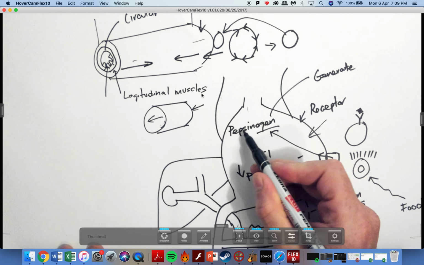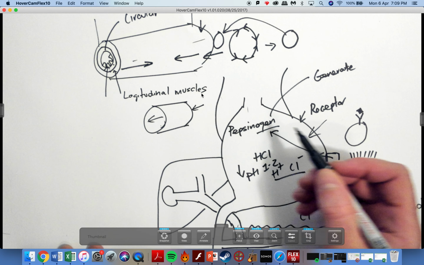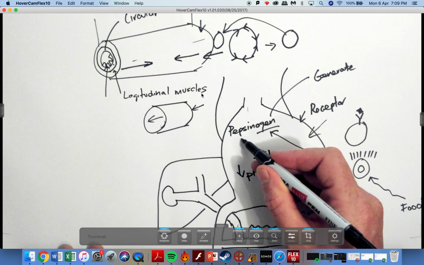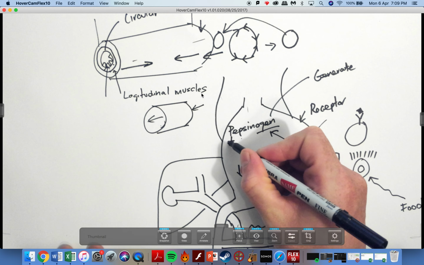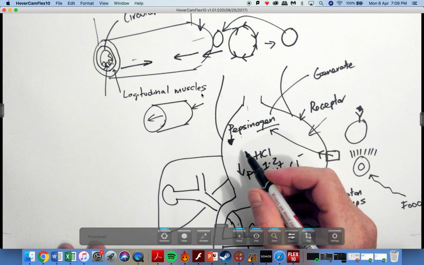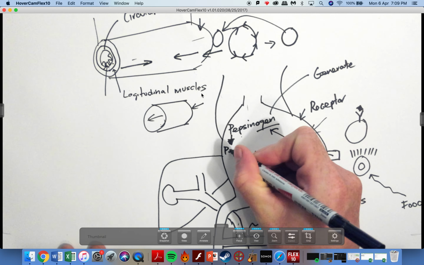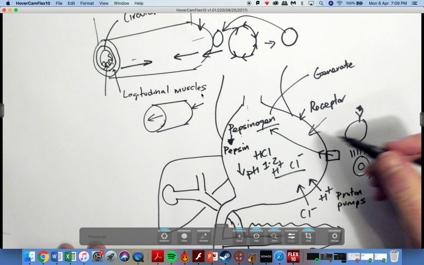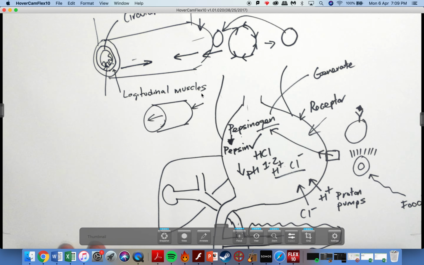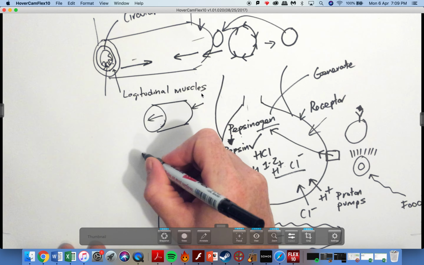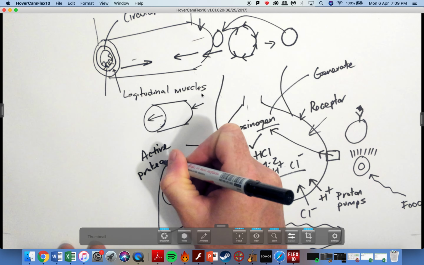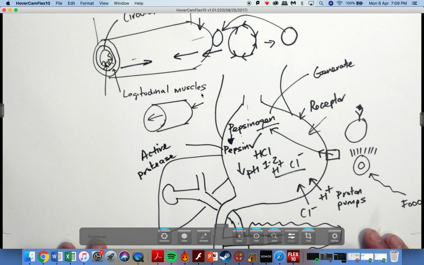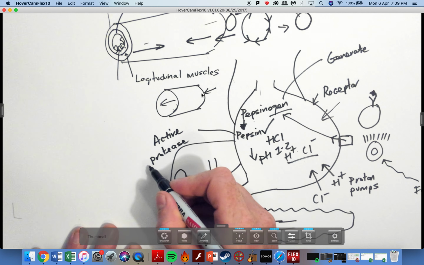So pepsinogen means it can generate pepsin. What happens with the HCl is pepsinogen folds into the right shape, takes the right conformational shape, and it becomes pepsin. And now the pepsin is the active form. So now we've got an active protease.